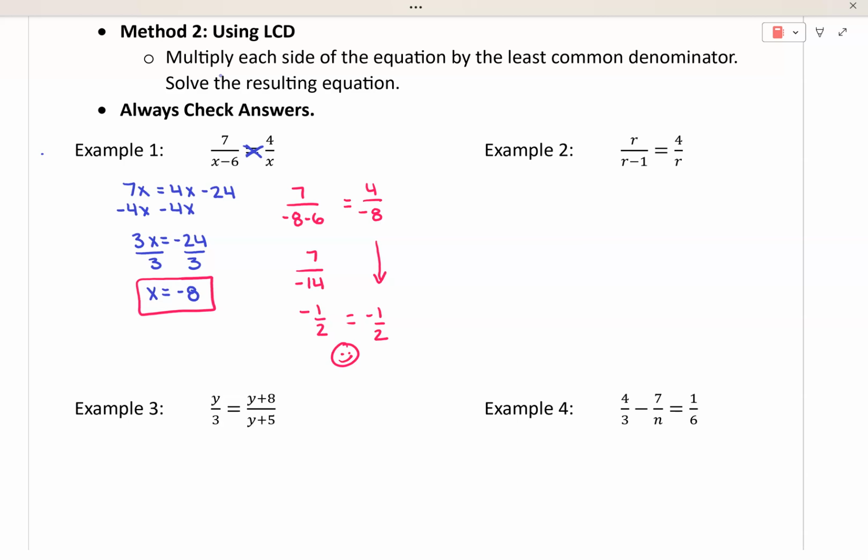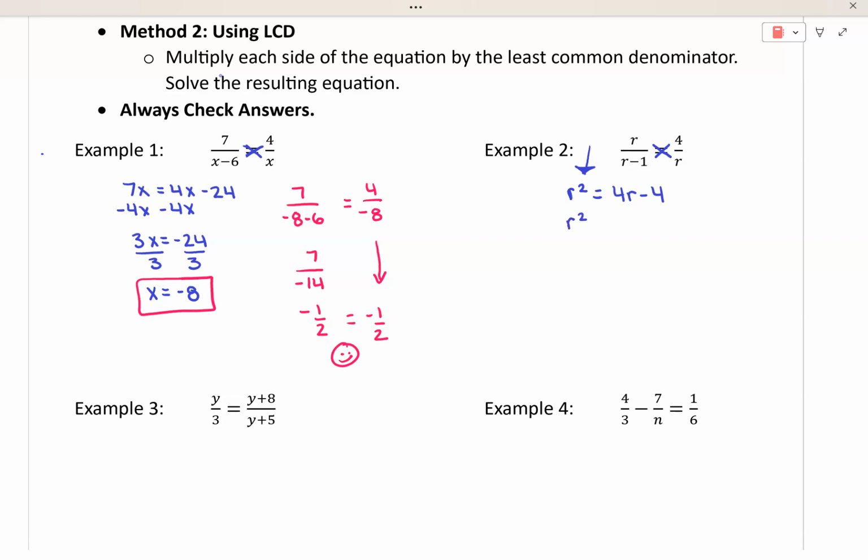Okay, notice example 2, we have a fraction equals a fraction, a ratio equals a ratio. So again, we're going to do the same exact thing. We are going to cross multiply. r times r is r squared. 4 times r minus 1, we're going to distribute, so we get 4r minus 4. Notice we have an r squared, so that means everything's got to go on one side.